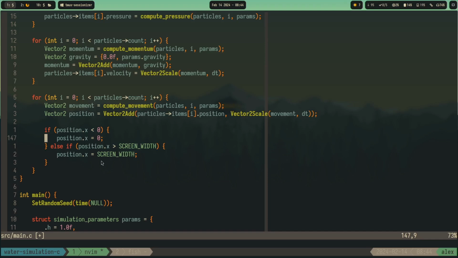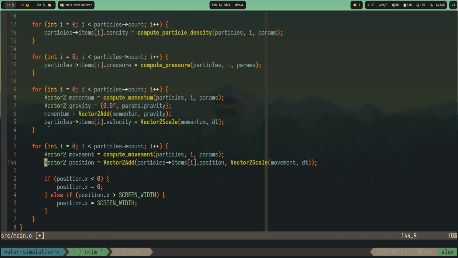But the weird thing is that here we set the velocity, we don't update it. To be honest, I think we should be adding to our velocity.